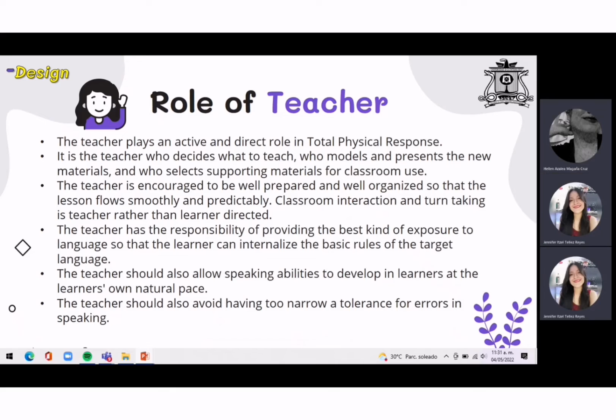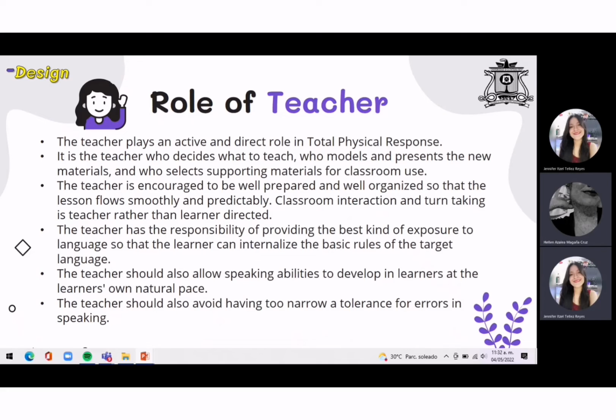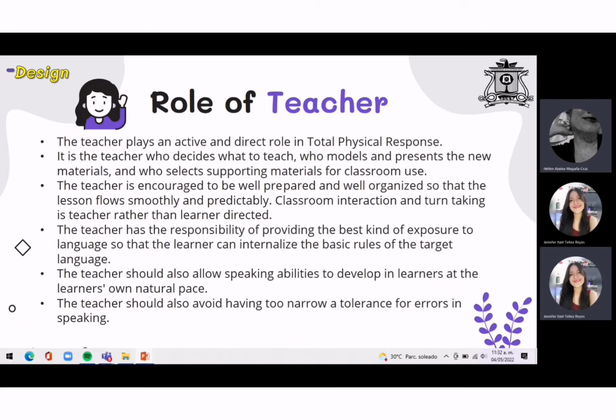He organizes all the materials that he will use, and teachers should also allow speaking abilities to develop in learners at the learner's own natural pace. Also, he needs to avoid too narrow a tolerance for errors in speaking.